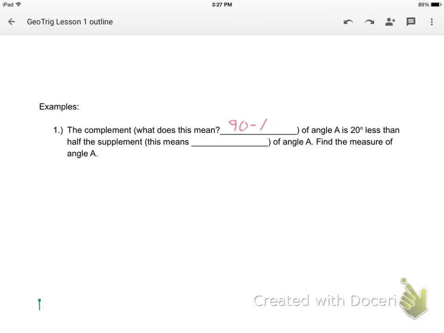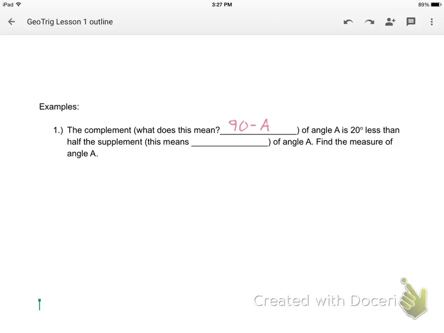It's 90 minus A. Whatever the angle A is, you subtract it from 90, you'll know what the other one is. That's the complement. Using the same logic, supplementary angles add up to how much? 180.